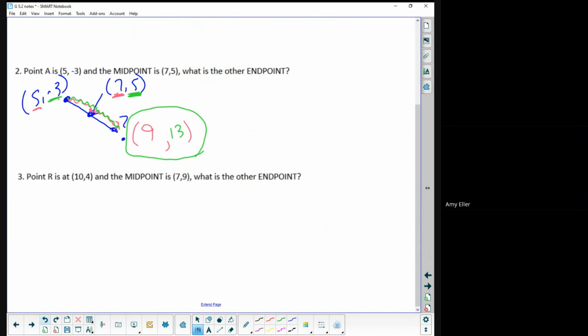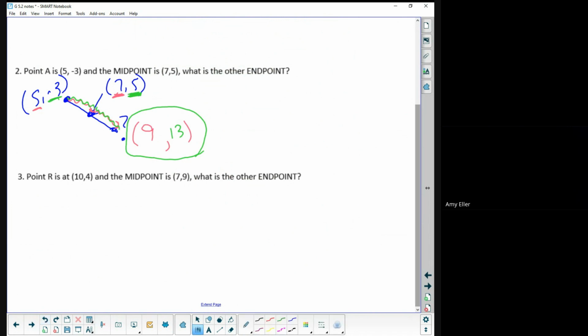Okay, so just read the directions, and if you are given the ending points and you want the middle, use your formula. Add the x's, divide by 2, add the y's, divide by 2. We can't do that in question 2 because we're not trying to find the middle of the points that we were given.